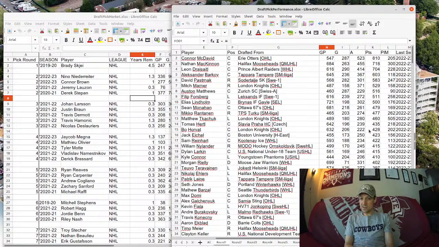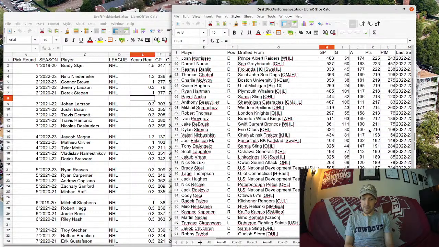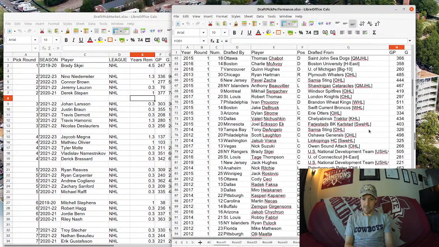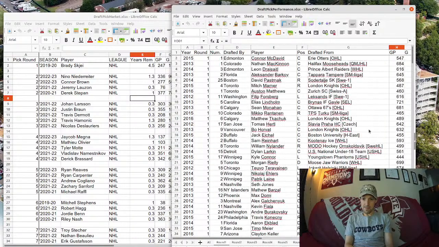How can I do this here? So what I'm thinking about doing is splitting up the players in each draft round into maybe quartiles based on performance.